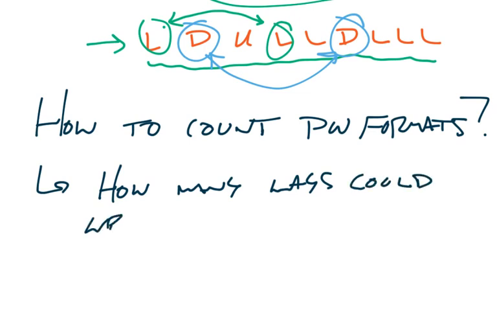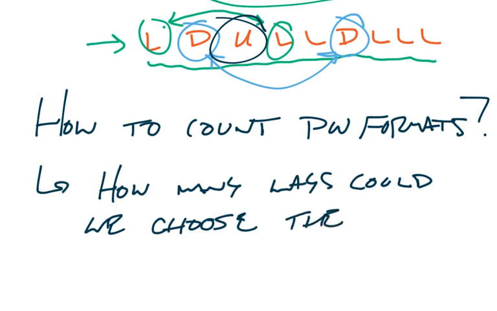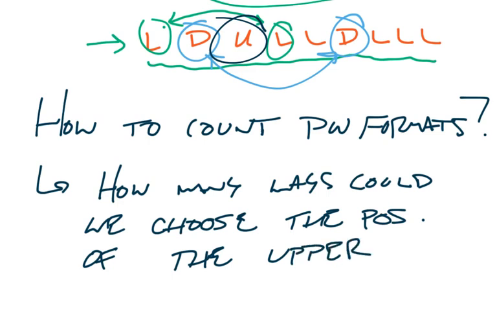could we choose. I'm just going to pick one of the character types to start with. Because there's only one of them, I'm going to start with the uppercase letter. All right, so how many ways could we choose the position of the uppercase letter? Which I'll shorten just to calling it an upper.